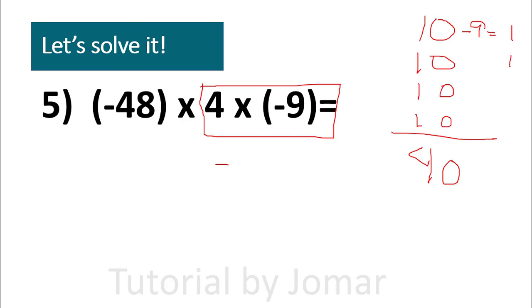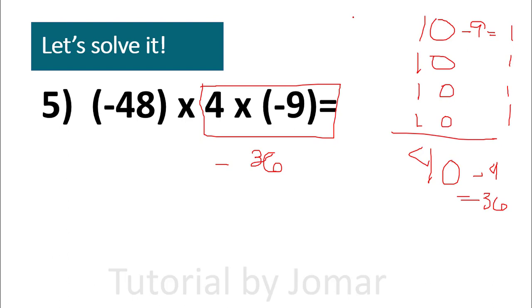We have 1, 2, 3, 4. We have 4. Kaya ang gawin natin is 40 minus 36. So, 4 times 9 is 36. Ganun na siya kadali. Kapag nahirapan kayo mag-multiply, ilapit nyo lang siya sa mga 5 or 10 para mas madaling mag-multiply.